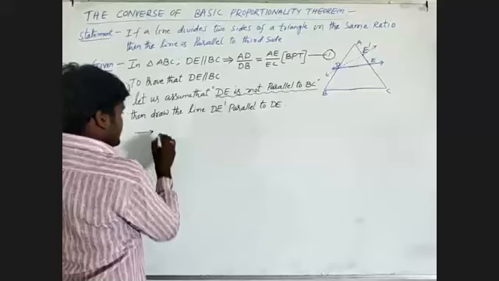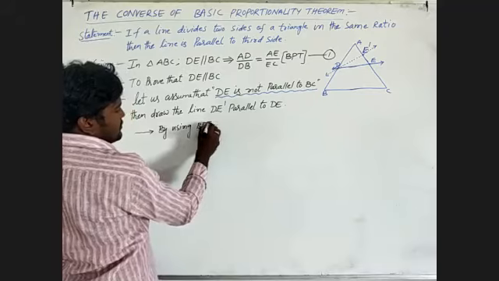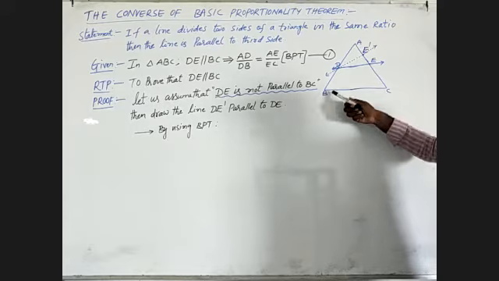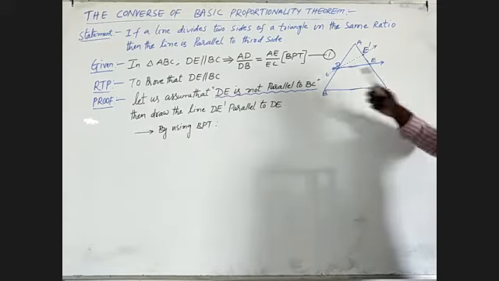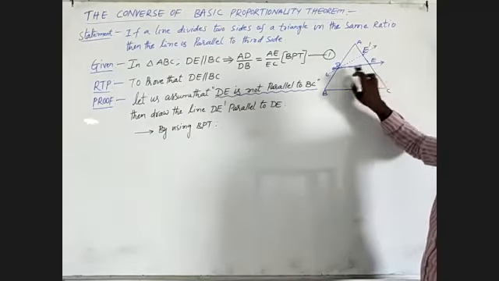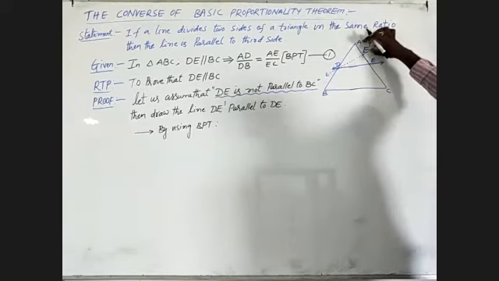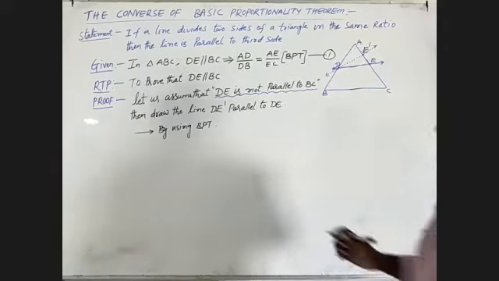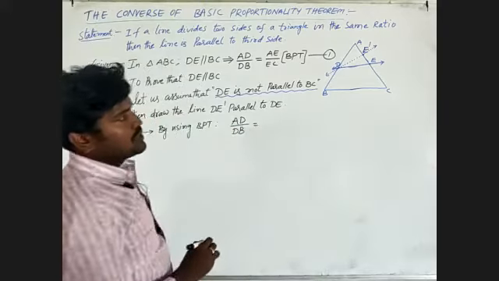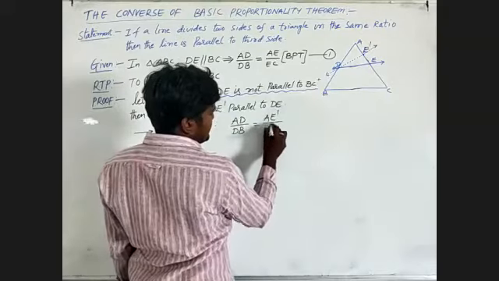DE dash, by using BPT, AD by DB, that is equal to, since DE is not parallel to BC, we take DE dash, AE dash by E dash C. Why?